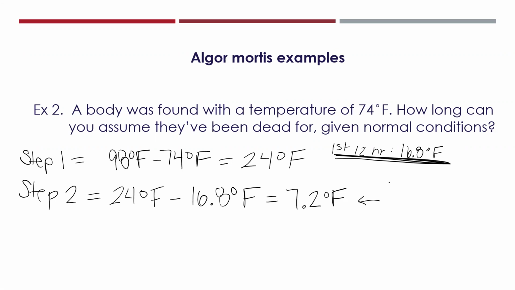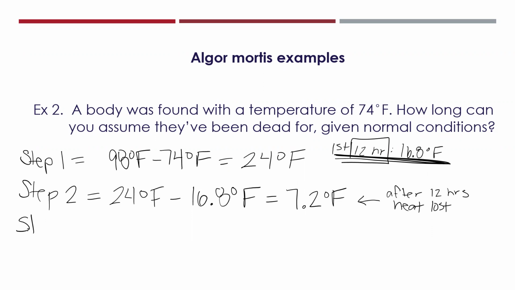So after 12 hours, they lost 7.2. I know they've at least been dead for 12 hours because they at least lost 16.8, and then they lost some more. So now I've got 12 hours banked. Now I need to figure out how many more hours.